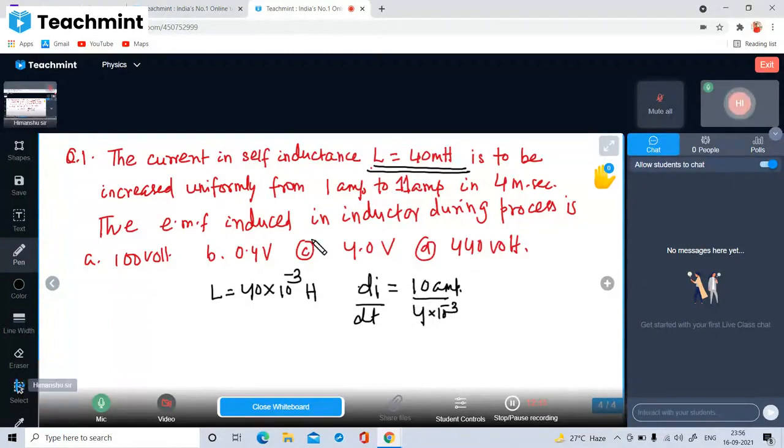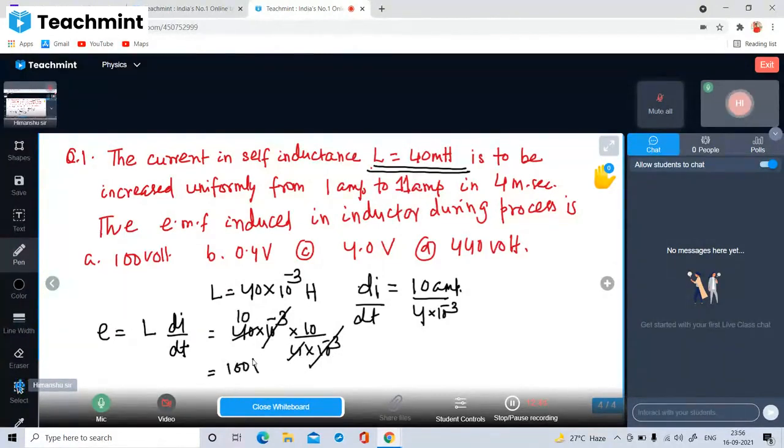Okay. The EMF induced in the inductor. E is equal to, formula E equals L dI upon dt. That is equal to 40 into 10 to the power minus 3, dI by dt is equal to 10 upon 4 into 10 to the minus 3. This 10 to the minus 3 and 10 to the minus 3 cancel out. So 4 tens are 40, so 10 times 10 is 100.